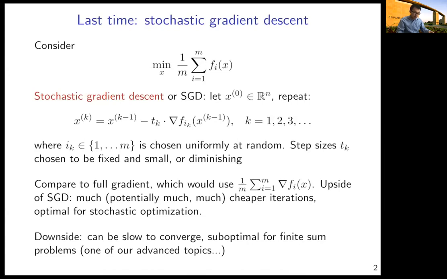Okay, so SGD is fast in the sense that it saves you on the dependence on M, the size of the data set. So you don't have to go over the entire data set before updating your parameter once. So that can lead to a significantly more practical algorithm in practice. The downside, on the other hand, is that SGD is so general that it actually covers a large family of very important problems called stochastic optimization.